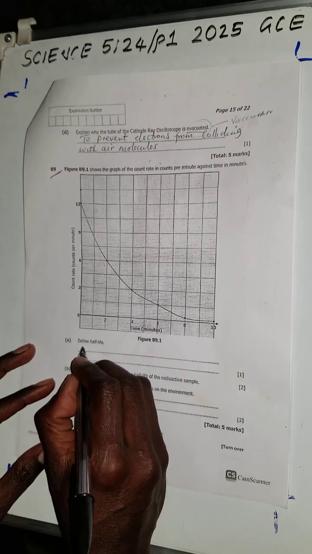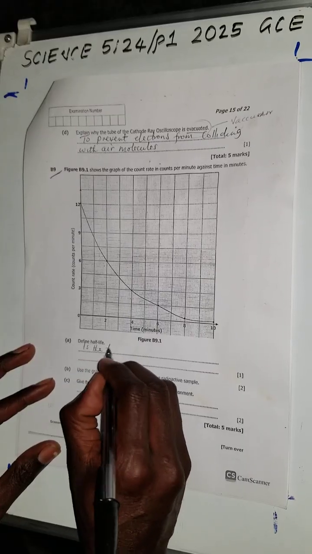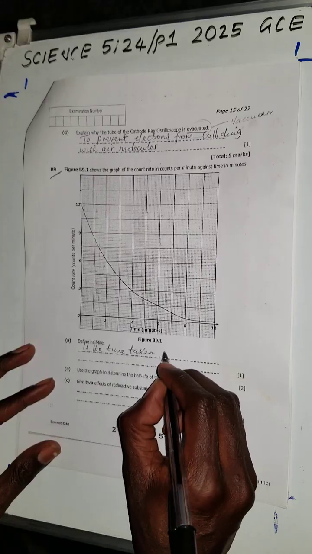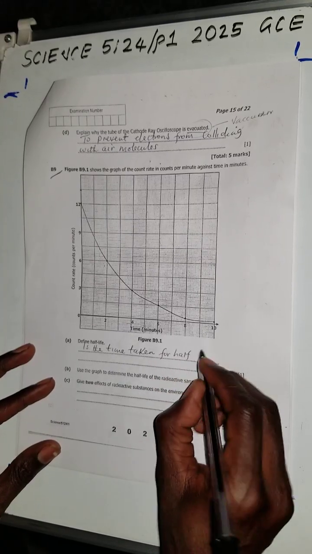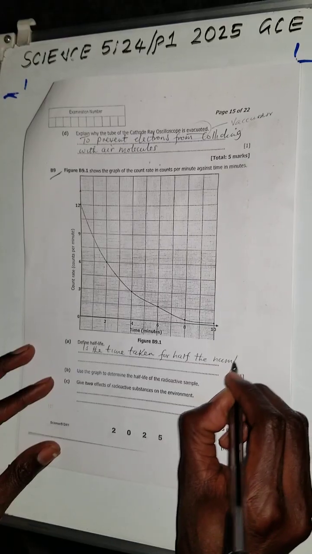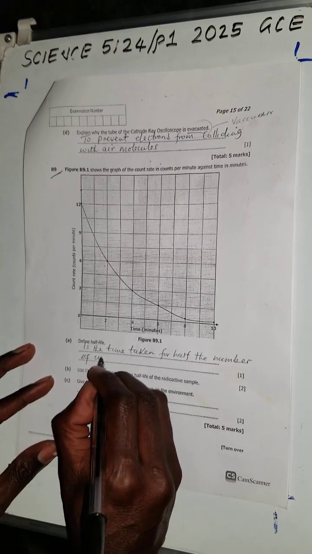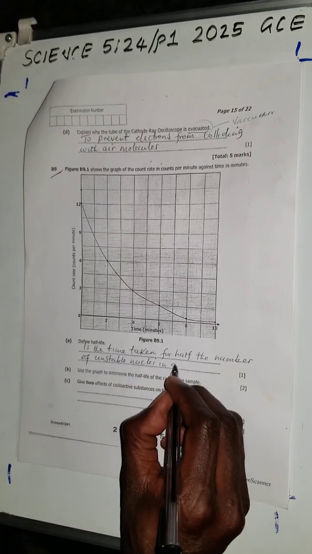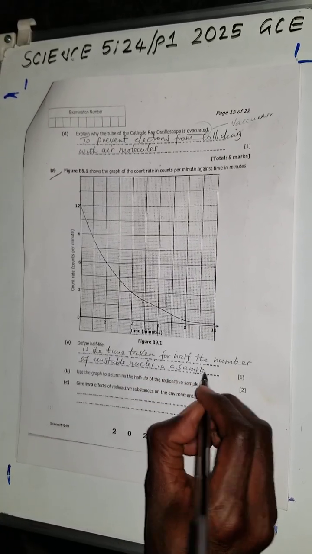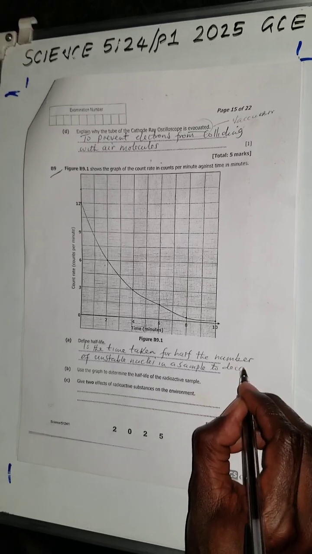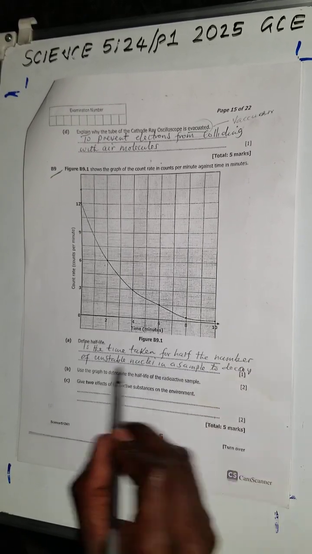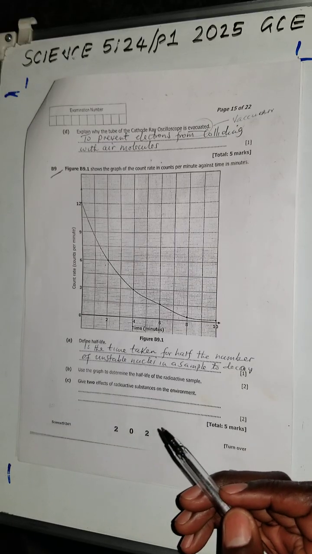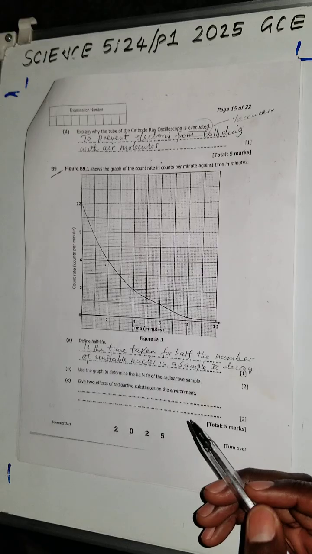So we can simply say half-life is the time taken, that's the keyword there, for half the number of unstable nuclei in a sample to decay. That is what we simply call the half-life there.